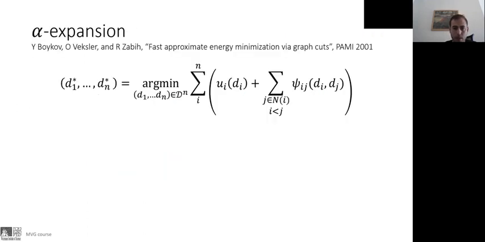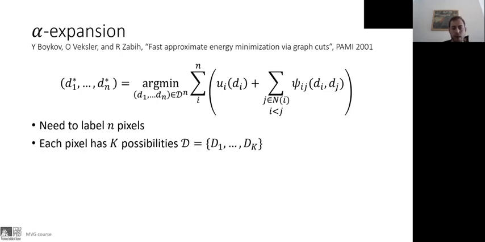Okay, so let's go to the general solution, an algorithm called alpha expansion, suggested by Boykov et al. The idea is we want to solve the complete problem. We saw that we have a global minimum for 2 classes, for 2 disparities, but here we want to label n pixels. Each pixel has k possibilities.